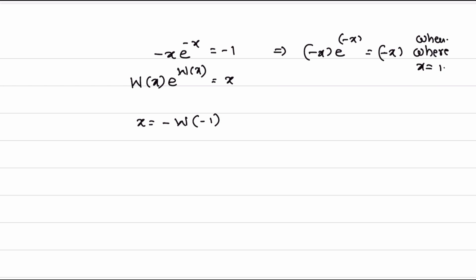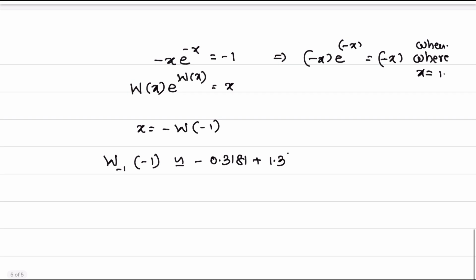Please see that video for understanding this one. Then this is nothing but minus w, we can write w of minus 1 and minus 1, that is approximately equal to minus 0.3181 plus 1.3372 into i. This is the final solution.